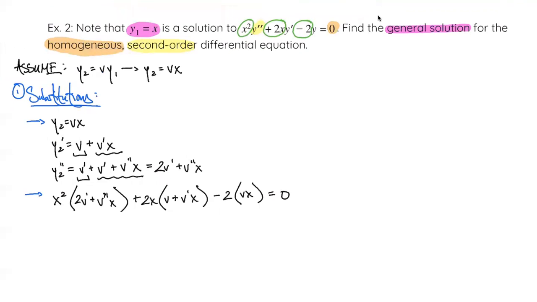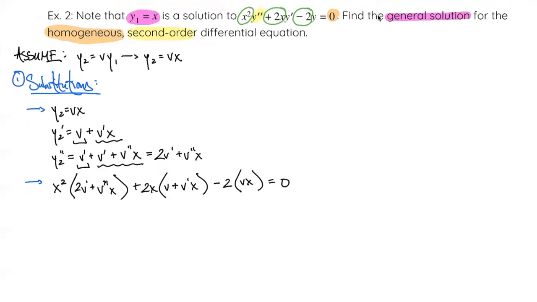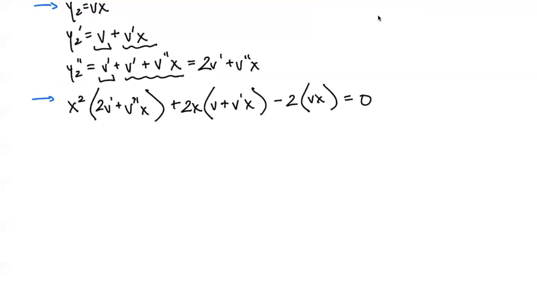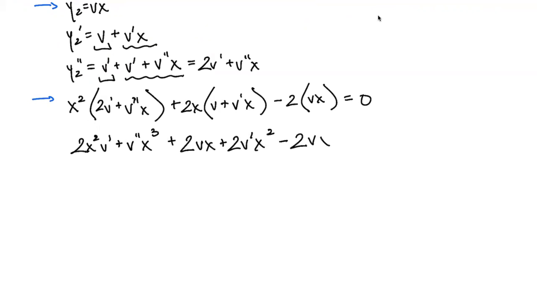And now we distribute, and we know that we should no longer have any v terms. Anything that's just a v should be completely gone after we reduce. All right, so 2x squared v prime plus v double prime x cubed plus 2vx plus 2v prime x squared minus 2vx equals 0.